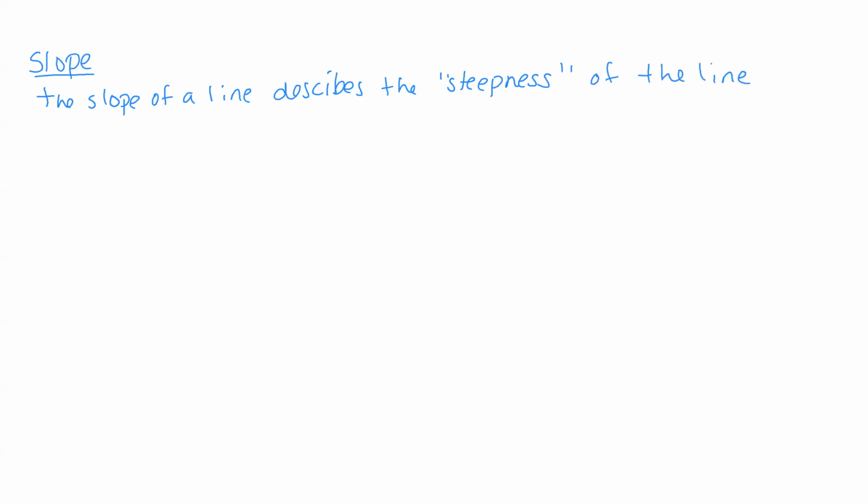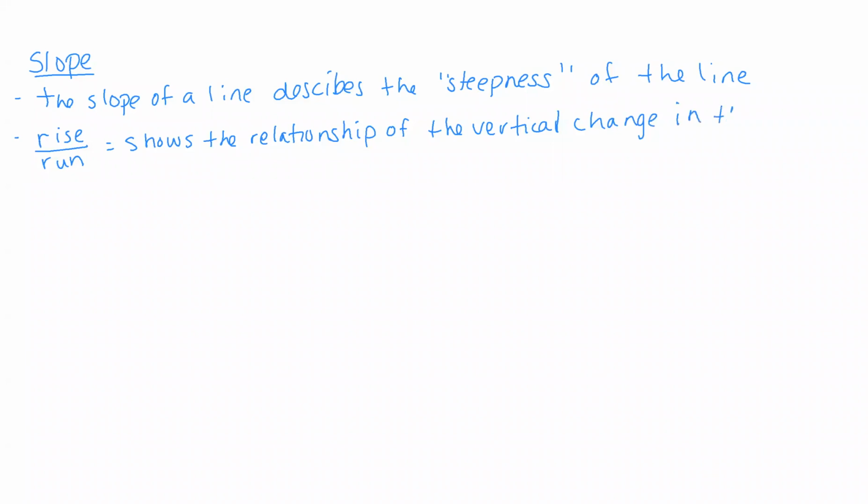Another way to think about slope is rise over run. This shows the relationship of the vertical change in the line compared to the horizontal change in the line.